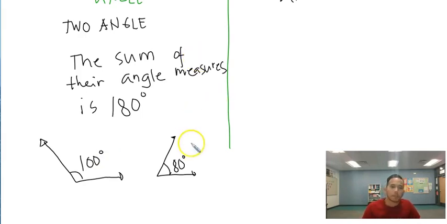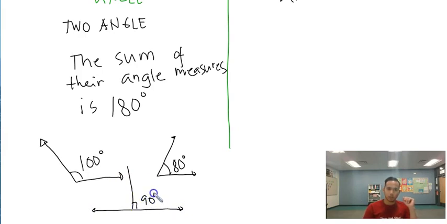Again, supplementary is 180 degrees. Another example: if this is 90 degrees and they are supplementary, therefore this side also will be 90 degrees. So that is your supplementary angle.